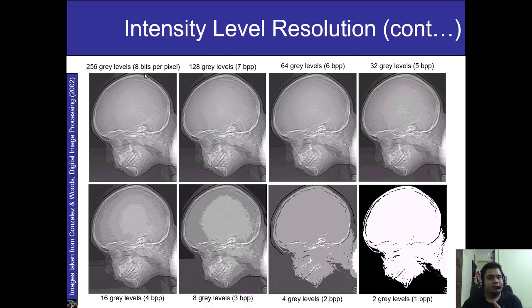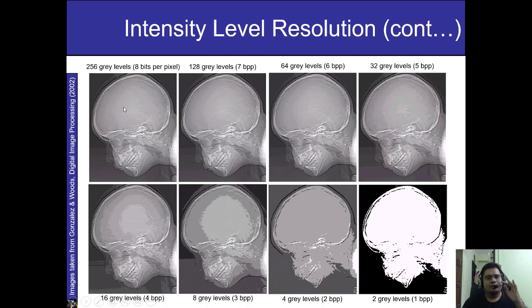However, for a normal digital image, which we capture with our digital camera, 8 bits is enough to trick your eyes, because your eyes will see the changes like an analog signal.